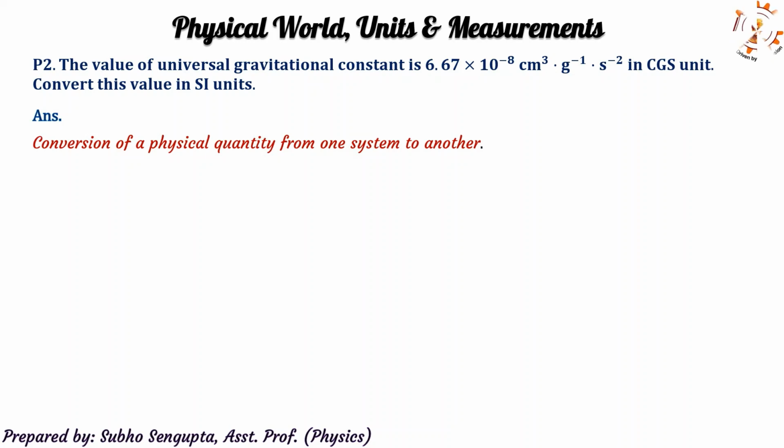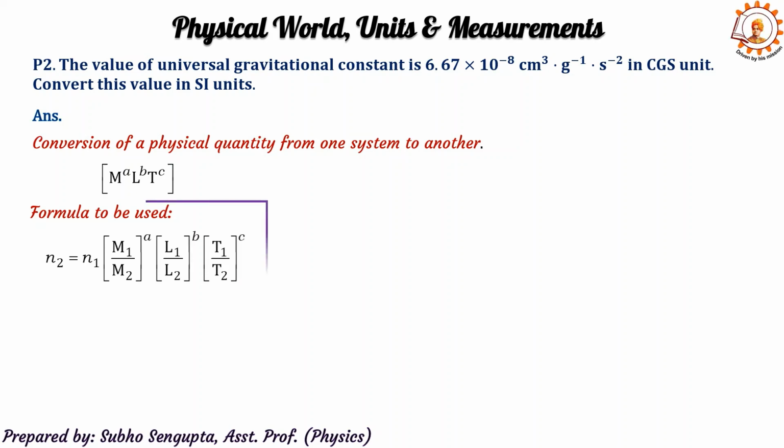The standard dimensional formula of a physical quantity can be written as [M^a L^b T^c]. The formula, which I am going to use to solve this problem, is given below. Here N1 and N2 are the two numerical values of the same physical quantity, which is the universal gravitational constant for this problem, in two different systems of units.